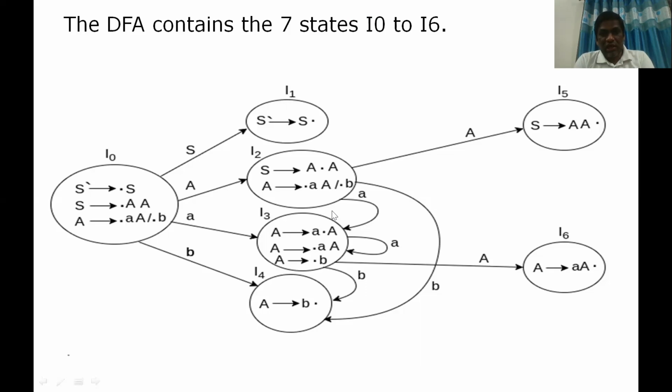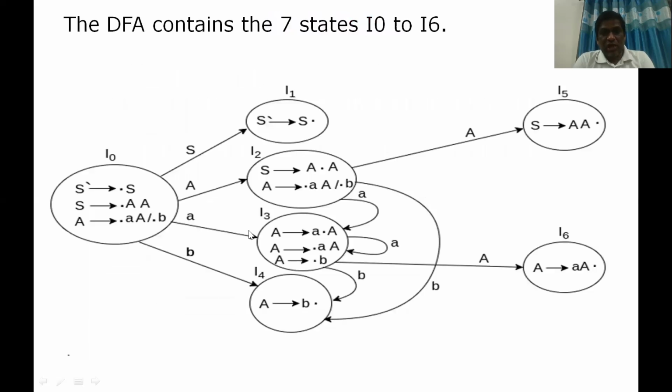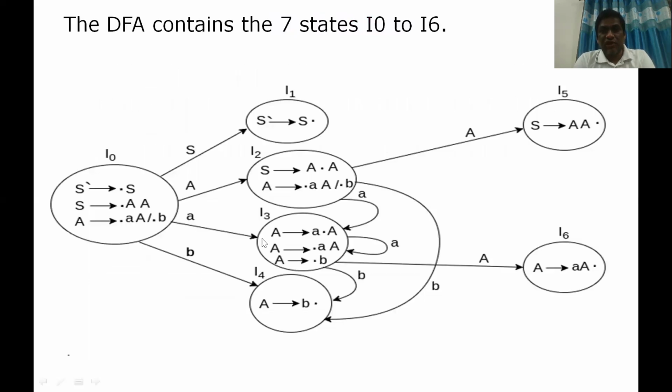Again, I3 with small a is going back to the same state. That means I3 on small a is shift 3 again. What about I2 on b? I2 on b is going to I4, therefore it is shift 4. I think you are following this. It is easy to fill this table.